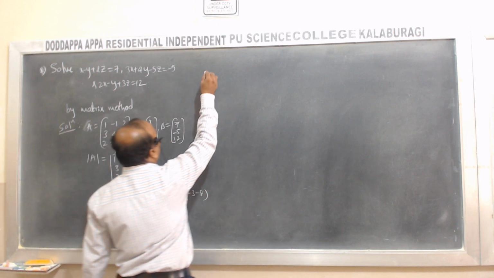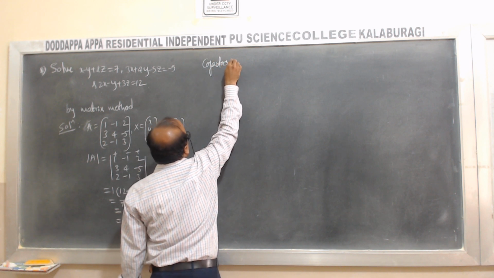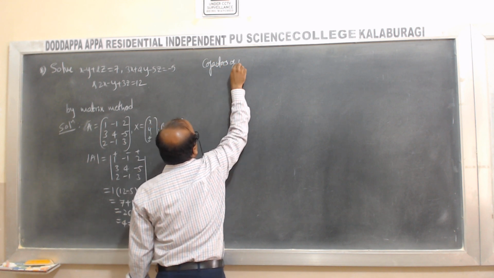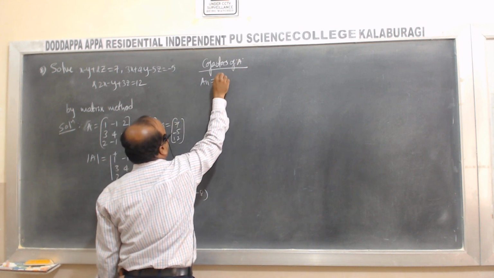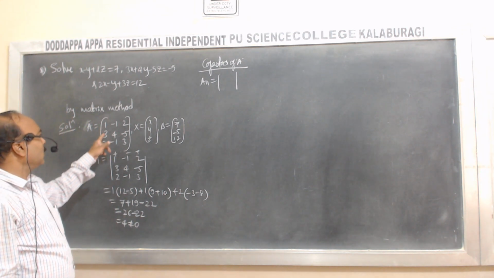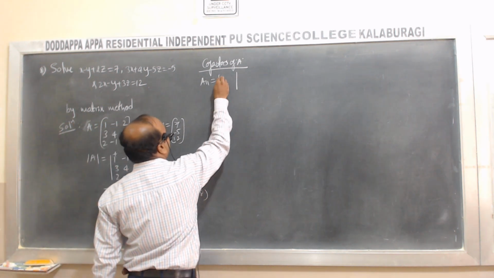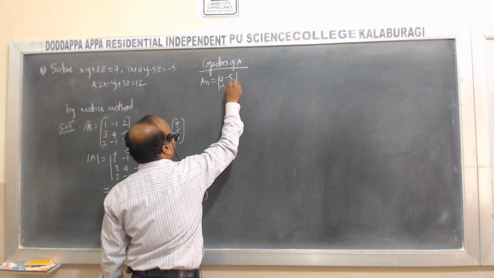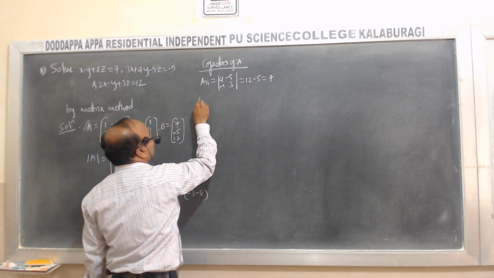Then we go for cofactors of A. A11 is given by the determinant obtained by deleting this row and this column, we get 4 minus 5, minus 1 3. So it is 12 minus 5, it is 7.